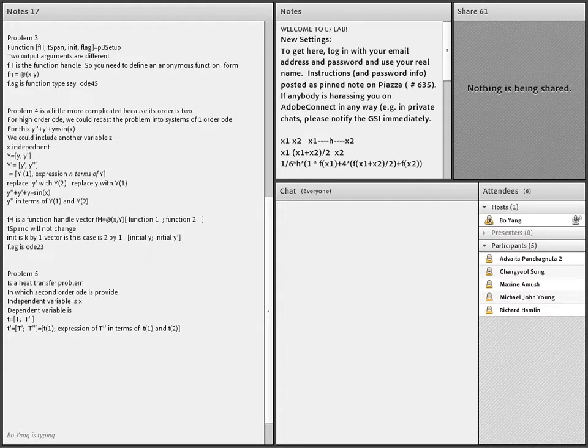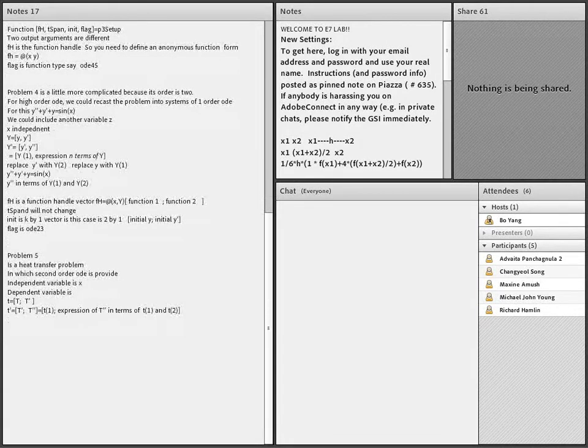So we can find that the T prime equals capital T prime and capital T double prime. Capital T prime is just the first element of small t, and the capital T double prime we can find its expression in terms of small t1 and small t2 by analyzing the equation.